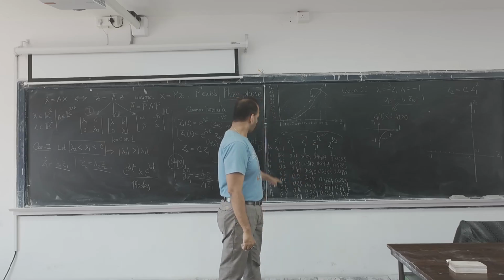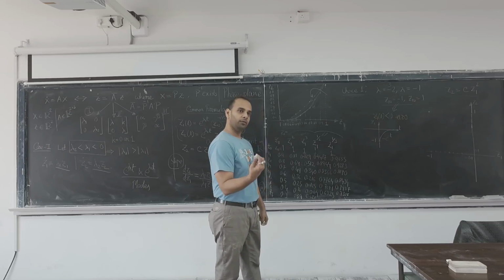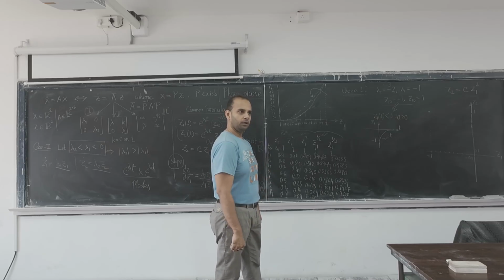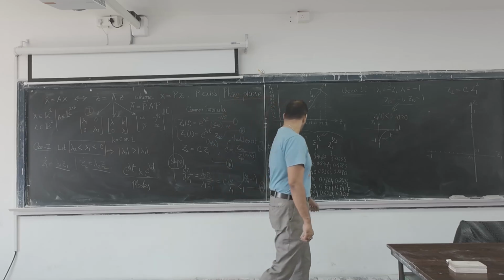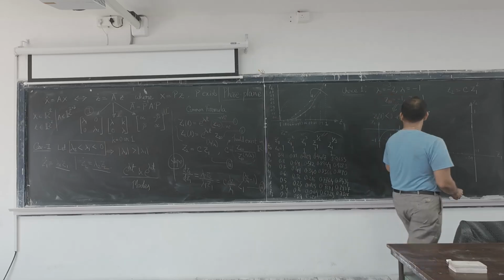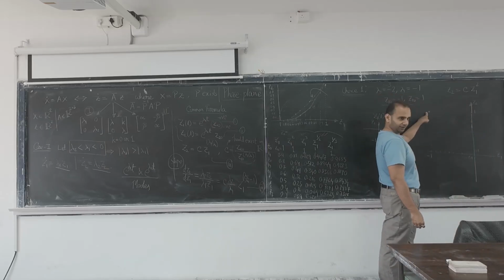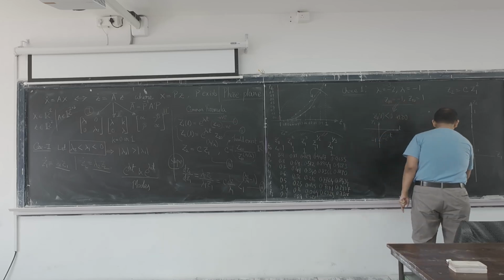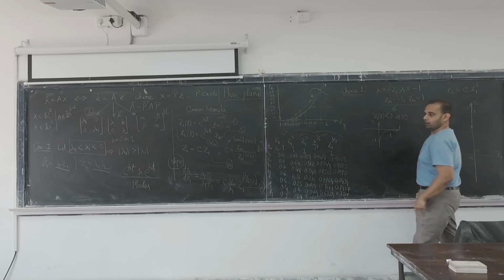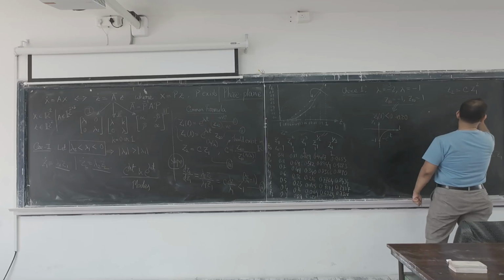Now all these values are negative, but z1 squared, all of them would be positive. So can't we draw them? Let's see. It will start from, what is the first value? Minus 1. So with respect to minus 1, this is plus 1, right? Then with respect to minus 0.9, plus 0.81, right?